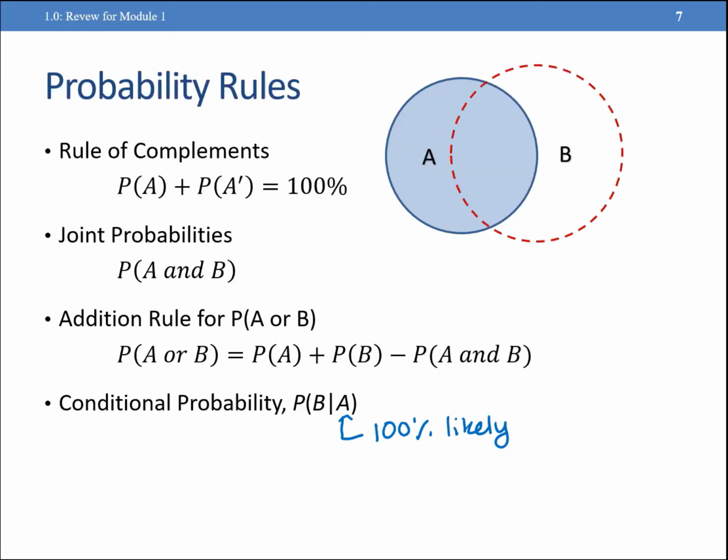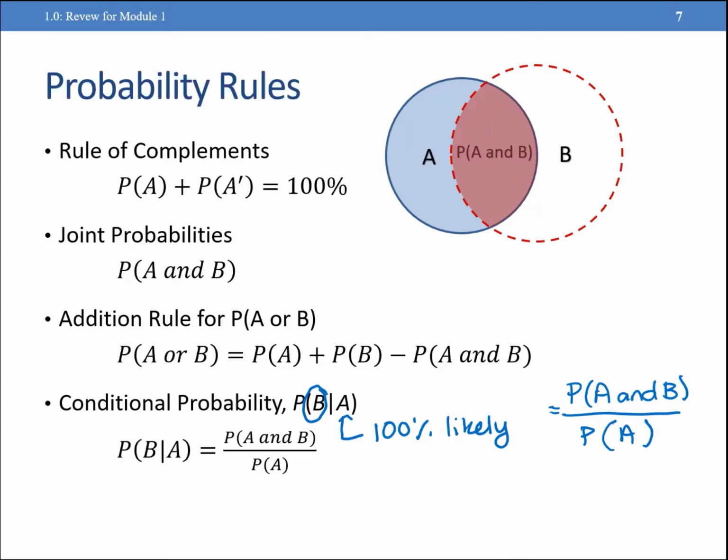And so when we're looking at the probability of B when A is guaranteed to happen, that's what this notation implies. What we're looking at here is this shaded portion. So you can see that that was equal to the probability of A and B divided by the probability of A. So we would write it like this. Those are some probability rules that you'll want to know.